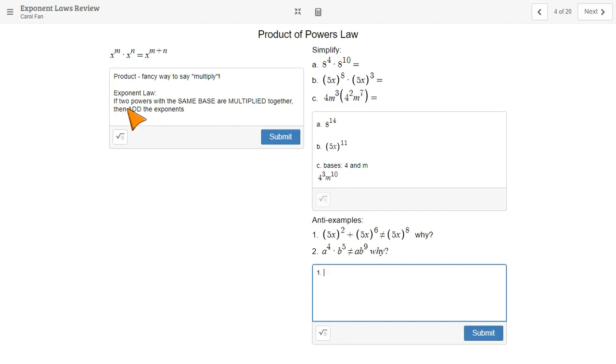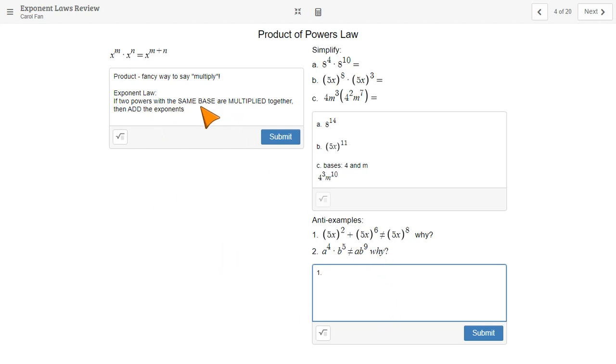So the definition of the power law or the product rule says that if we have the same bases and powers, so let's start this again. Okay, let's go back to the exponent law. If two powers with the same bases are multiplied together, then we can add the exponents.